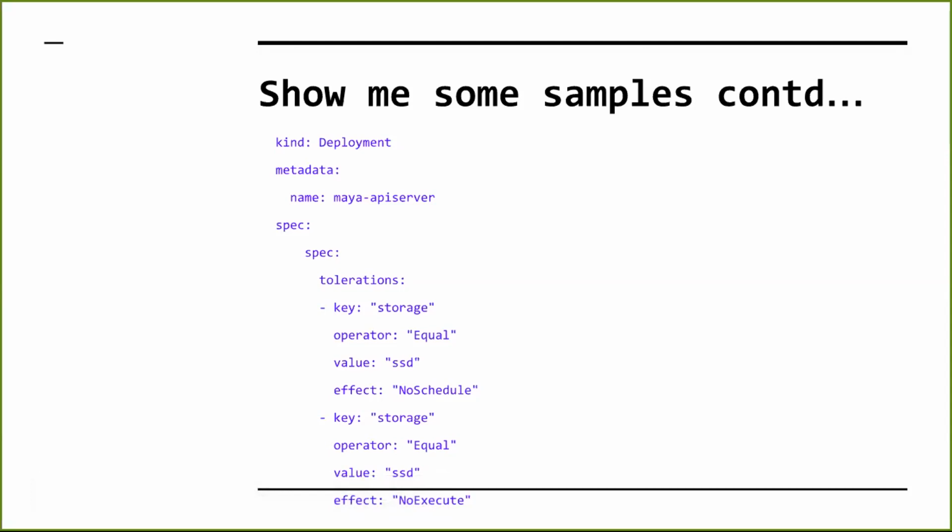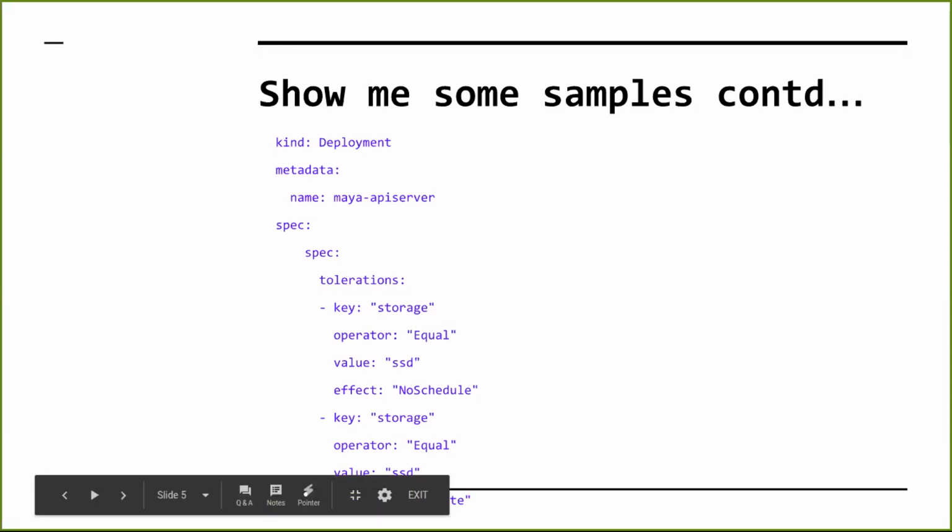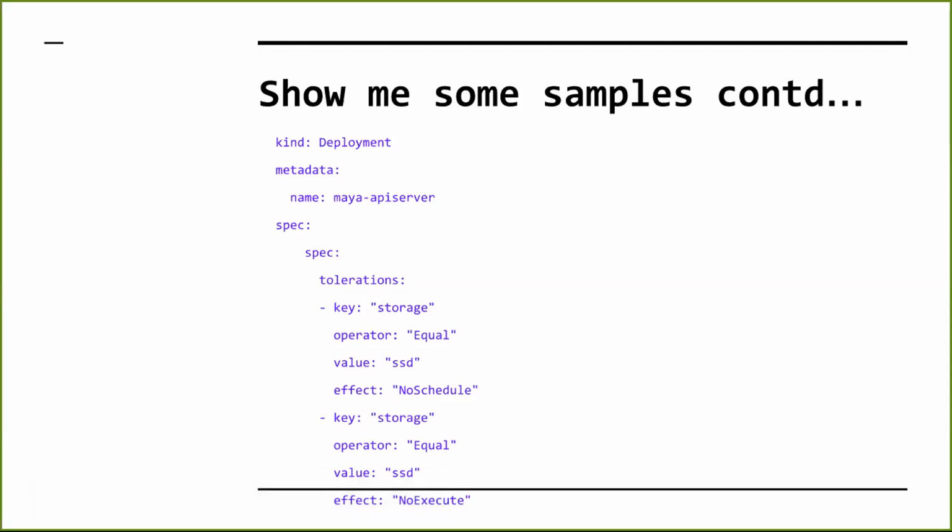So there is a slight difference between NoSchedule and NoExecute. NoSchedule happens during the scheduling of pods, and NoExecute can happen after scheduling. For example, the pod crashed and it tries to be evicted to some other node, and that node has been tainted in our previous step.